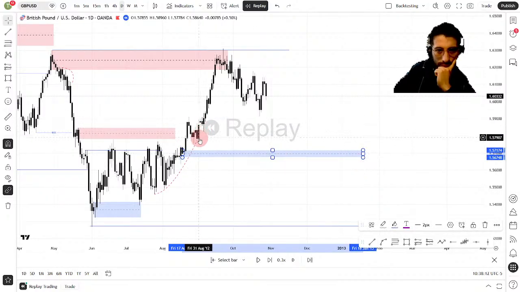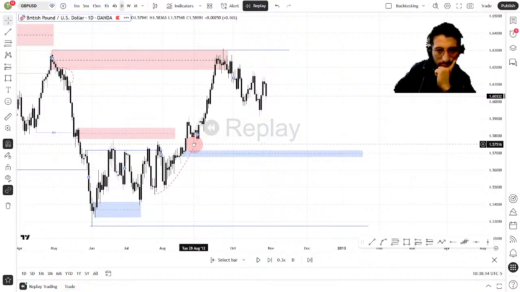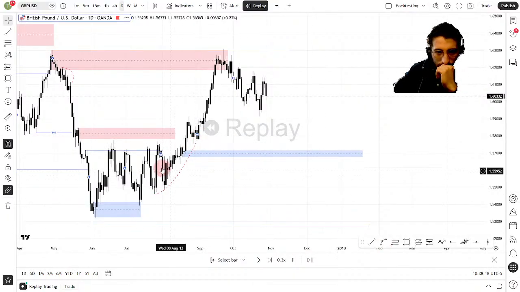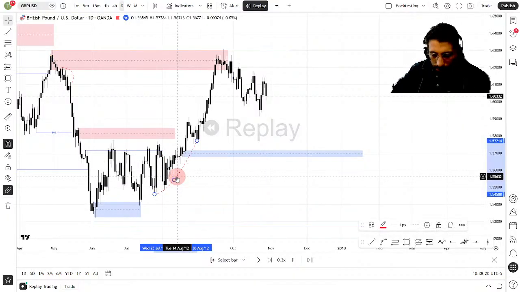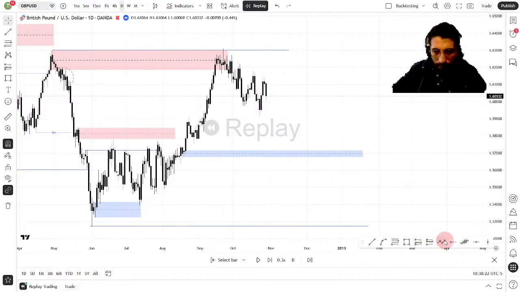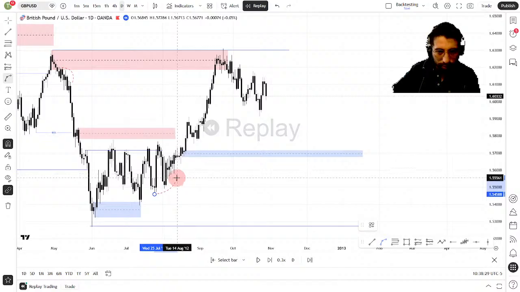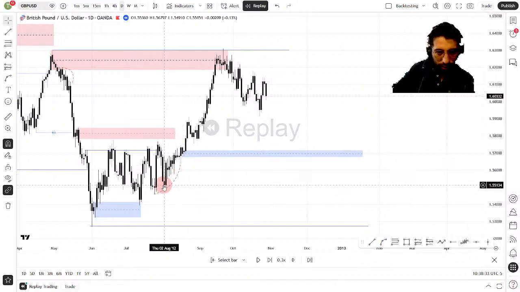So let's pay attention to the next. So as you can see, we have here an accumulation of lows, really important until this point. So there is a lot of lows here.